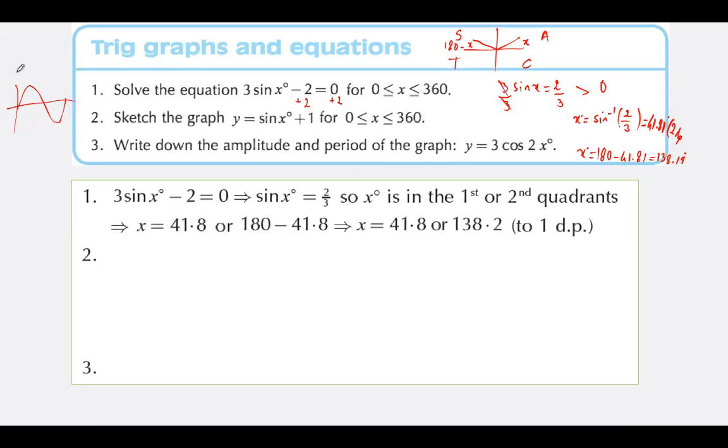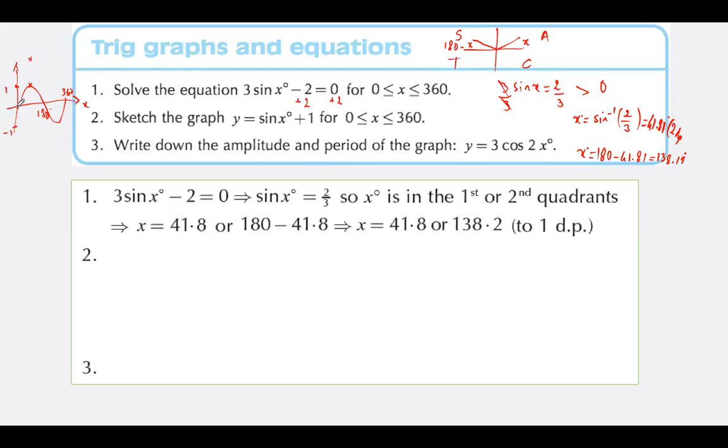Just put it onto a wee sketch on the side. So this is 1 and this is -1, with 360 and 180. So think about that one here. I'm going to add 1 to it. It goes to 2.